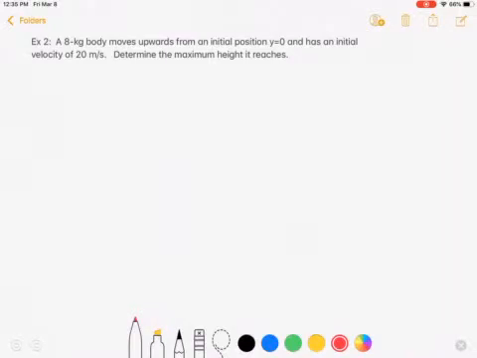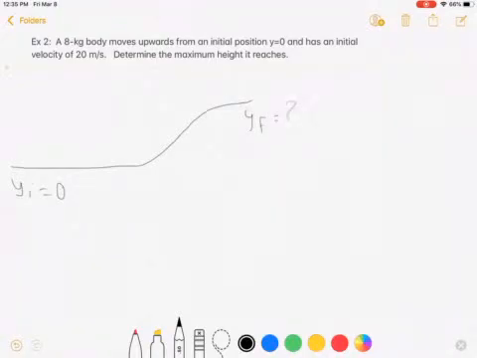So what this will sort of look like is, let's say that we have a flat surface that moves up to an incline. At the bottom of that surface, height is equal to 0. We want to figure out the final height that our object will reach.